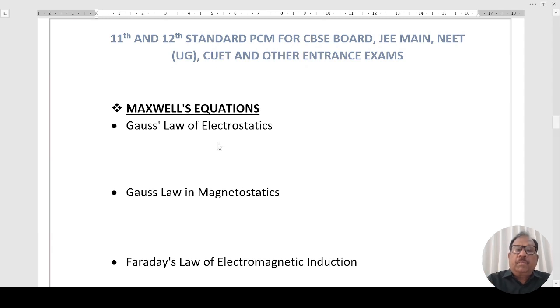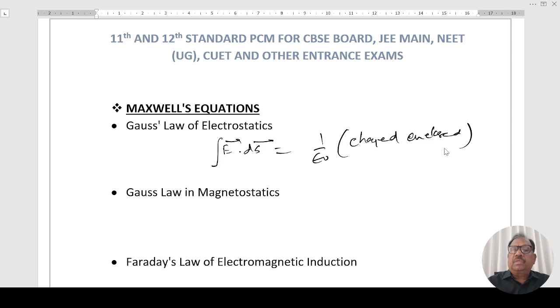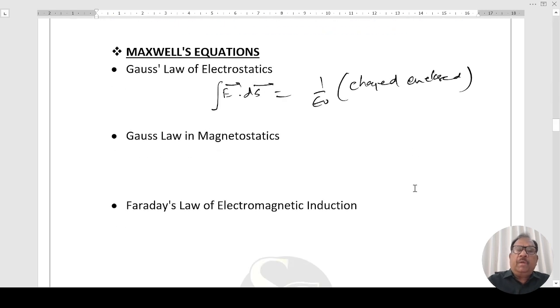In this case, the closed integral of E dot dS equals 1 over epsilon naught times the charge enclosed by the Gaussian surface. For the magnetic field, the closed integral of B dot dS equals 0 as monopoles do not exist.